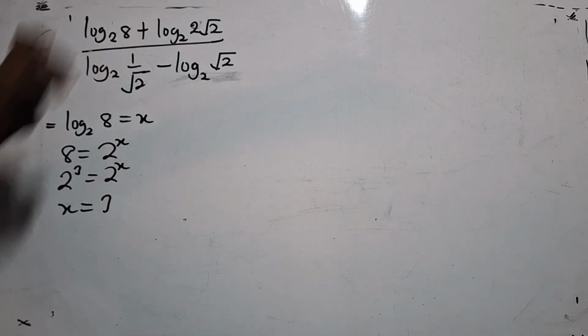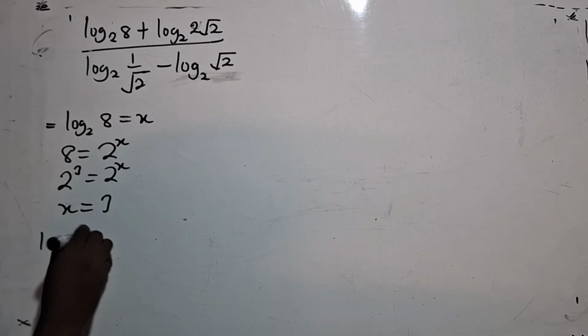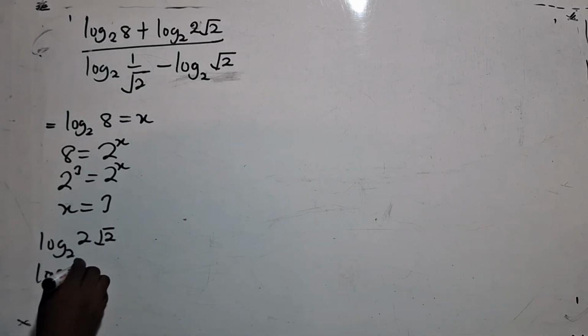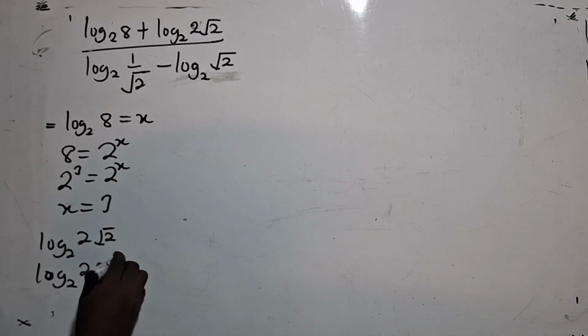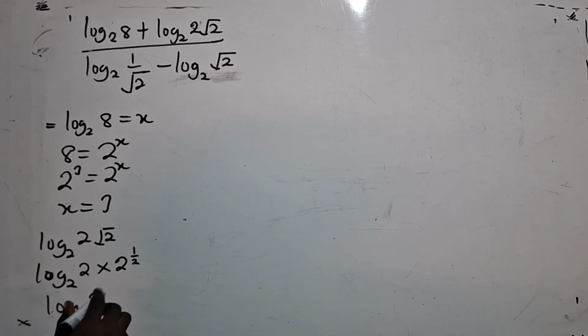Now when you look at this, it can also be expressed as log 2 root 2, which is the same as 2 times 2 raised to the power half. The square root of a number is the same as the power half of the number. So I'll have 2 to the power 1 times 2 to the power 1 on 2. Follow closely.